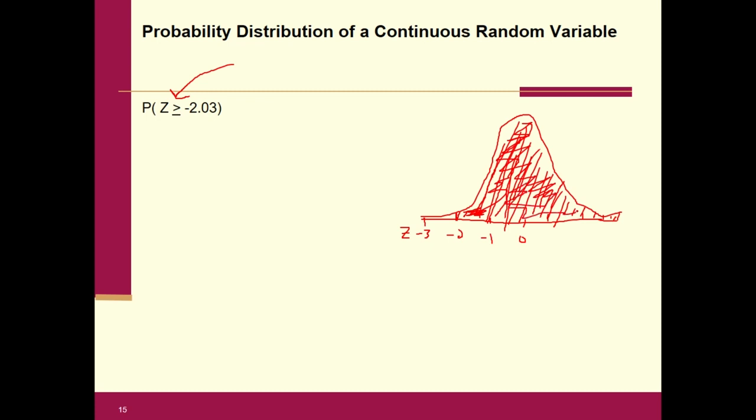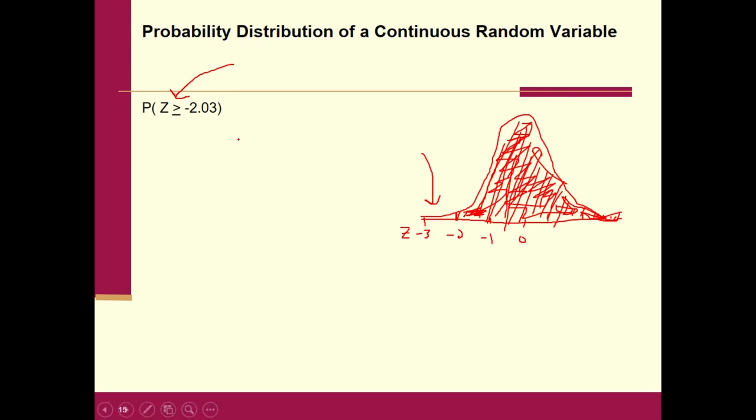Okay. So now, when we look this up, though, is it going to give us that shaded part? No. What's it going to give us? It's going to give this unshaded part. So it's going to give us less than a negative 2.03. So we got to keep that in mind. And let's go back to our table.